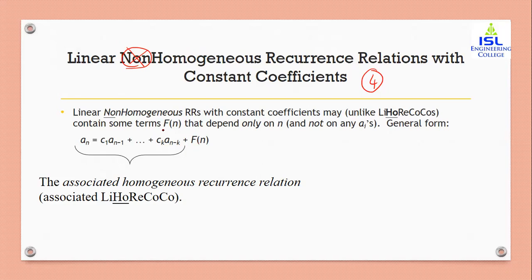That is, whenever your recurrence relation contains some term f(n) that depends only on n, not on any a_r values such as a_{n-1}, it is simply dependent on n. In that case, we call it a linear non-homogeneous recurrence relation.